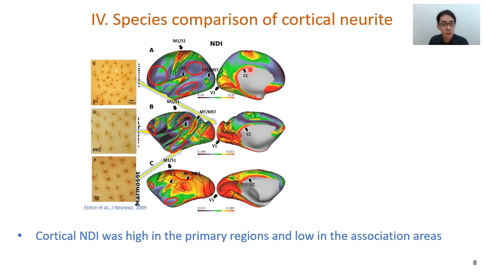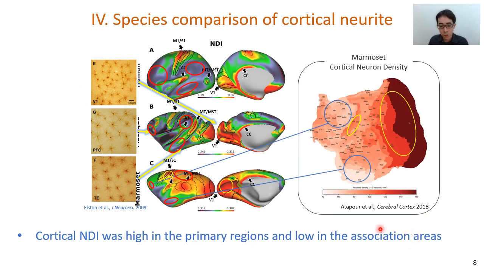Past histological studies in macaques showed cortical neurites and neurons are sparsely distributed in prefrontal and inferior temporal regions, and densely distributed in primary visual cortex. The marmoset cortical neuron density map by others is also consistent with our NDI map.